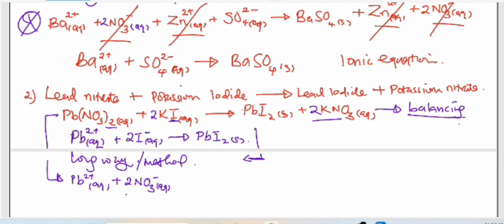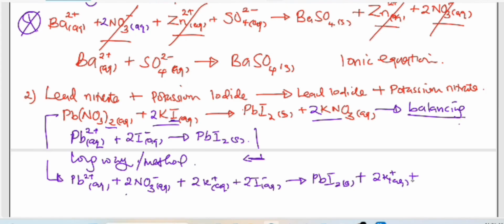So we are supposed to add potassium iodide, where there are 2 of them, potassium iodide aqueous plus 2 iodine aqueous still, that we get the lead iodide like that, solid state, plus the 2K positive plus the 2 nitrates.